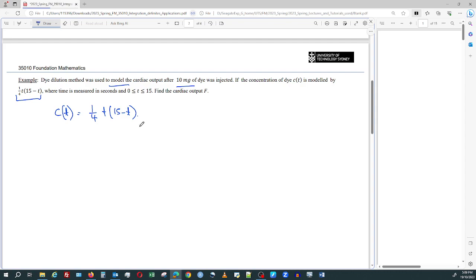So what does that look like? Well, if we do the expansion, we'll get 15/4 t minus 1/4 t squared. So that's our C(t) function in a more regular quadratic form.